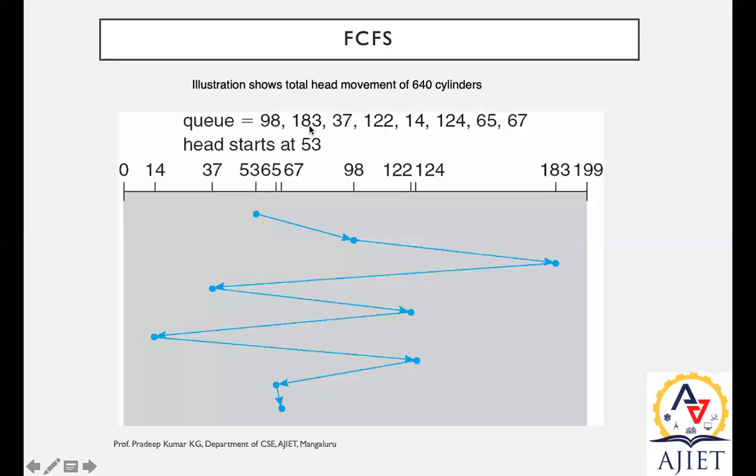Next, index 1, that is 183, then index 2, 37, and so on. This is how the first come first serve algorithm works. Any doubts, any clarification, please get back to me.